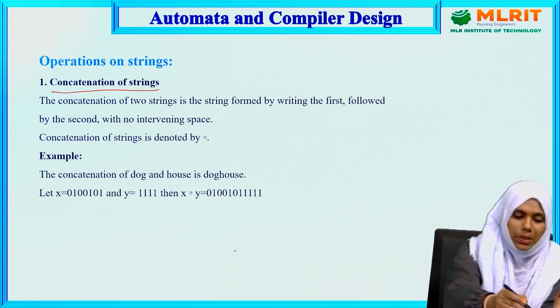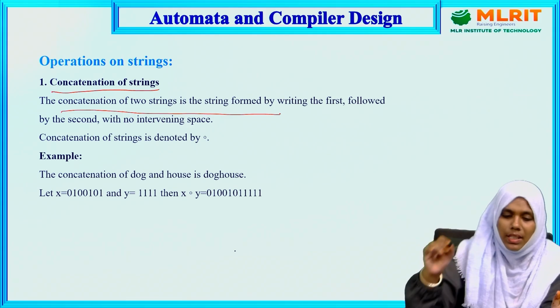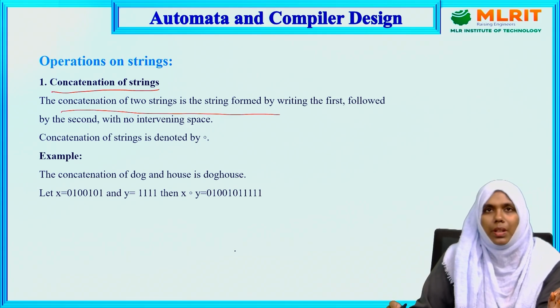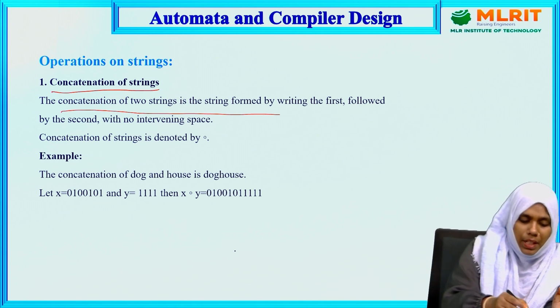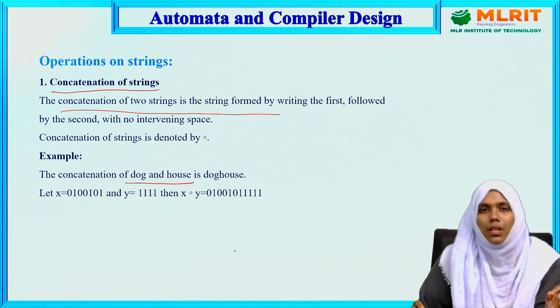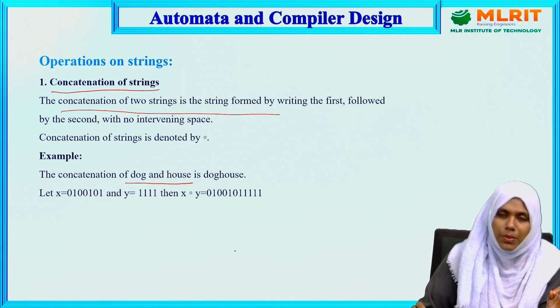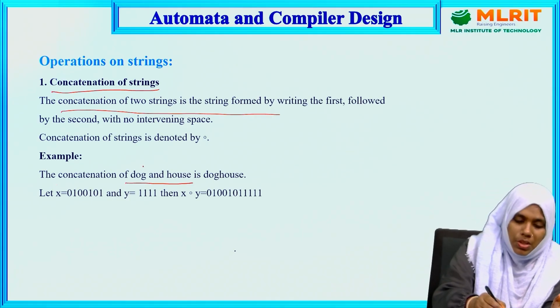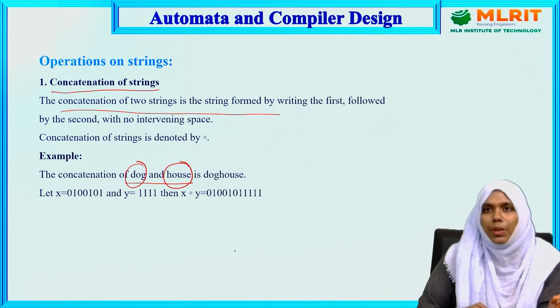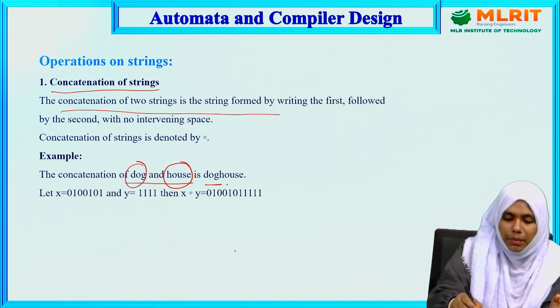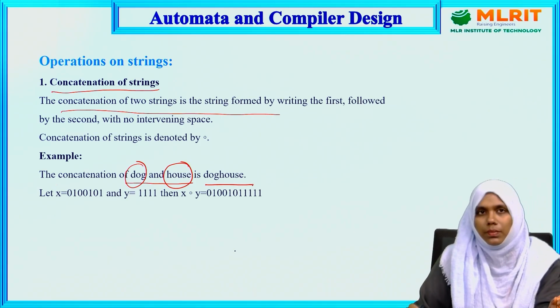That is, the concatenation of two strings is the string formed by writing the first followed by the second. So we'll see one example here. For example, the concatenation of dog and house. How are you going to write dog and house when you combine them? Because dog is one string, house is one string. So when you combine them, that is nothing but doghouse.